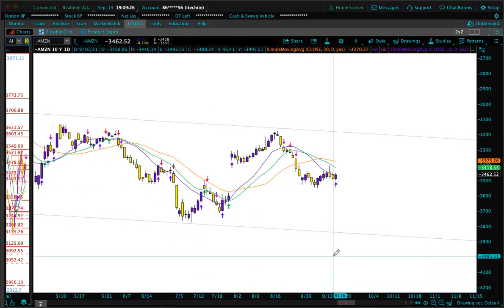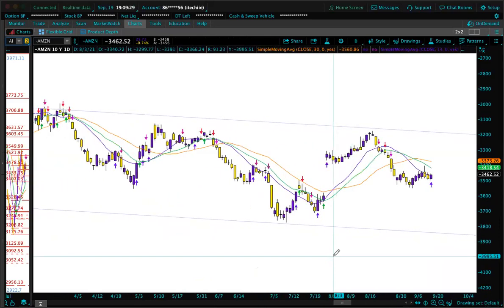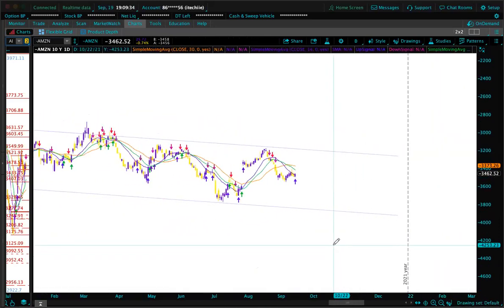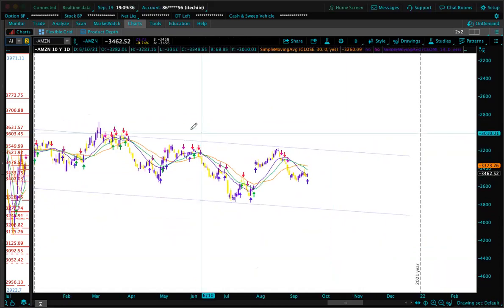What I like about this chart, just looking at the chart, I'm actually going to condense it a little bit. Just looking at it, you can already see the inverted head and shoulders. I'm trying to make this as simple as possible without any complications for anybody. Left shoulder, head, right shoulder.